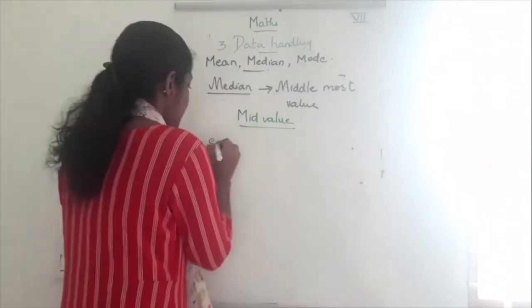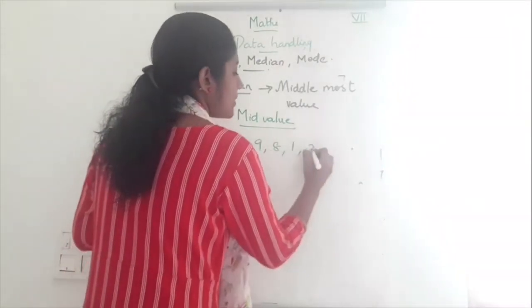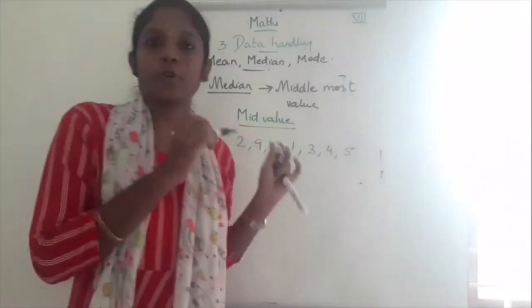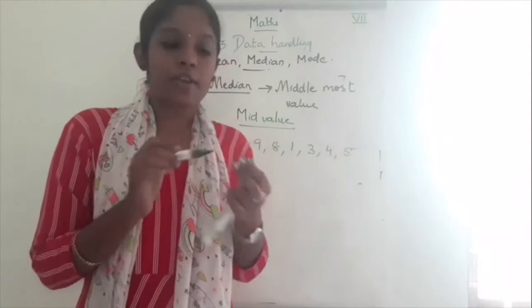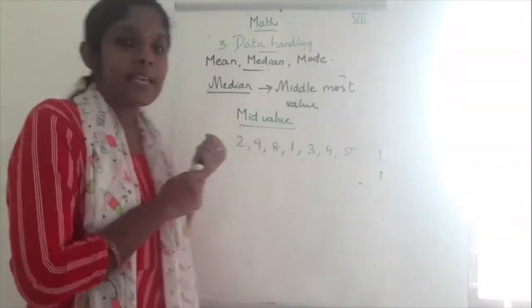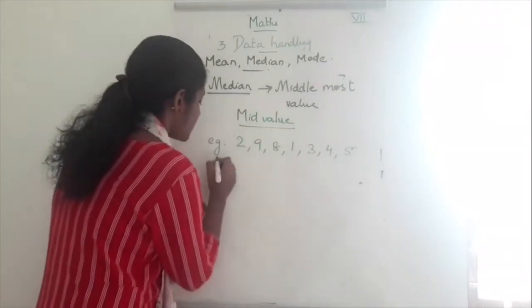Example: a set of data is given for you: 2, 9, 8, 1, 3, 4, 5. To find the middlemost value, the first step is to arrange in either ascending order or descending order. So what is the first step?